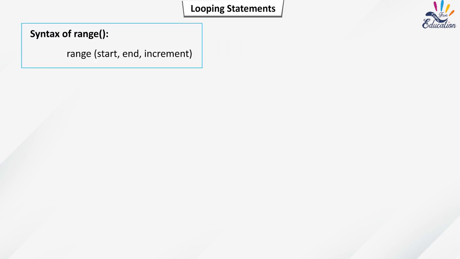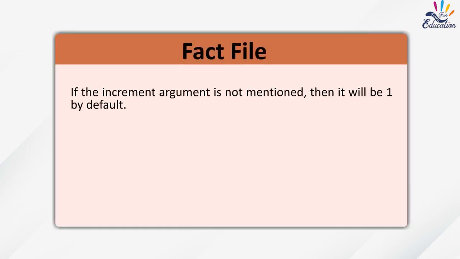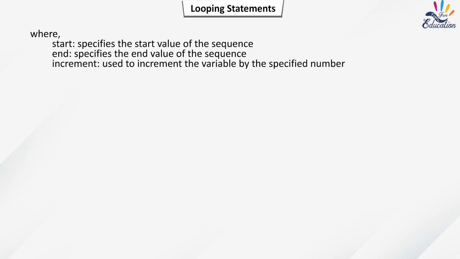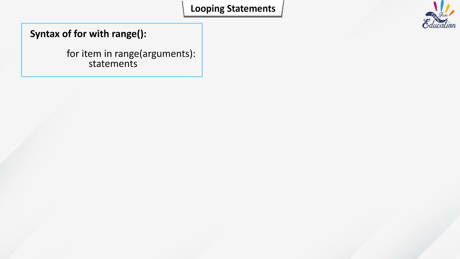Syntax of range: range(start, end, increment). Fact file. If the increment argument is not mentioned, then it will be 1 by default, where start specifies the start value of the sequence, end specifies the end value of the sequence, and increment is used to increment the variable by the specified number.